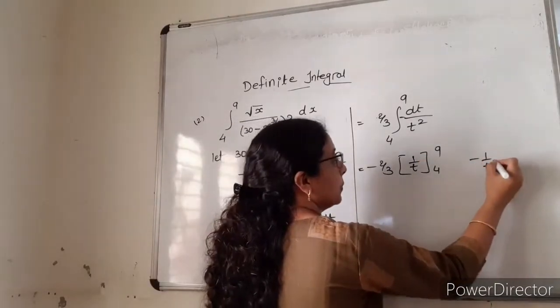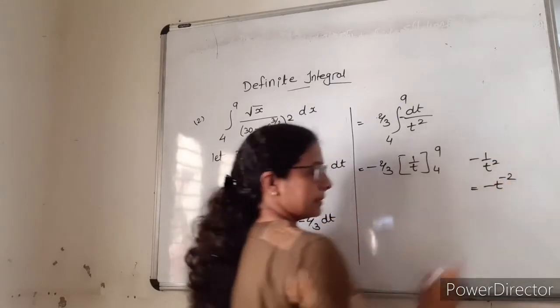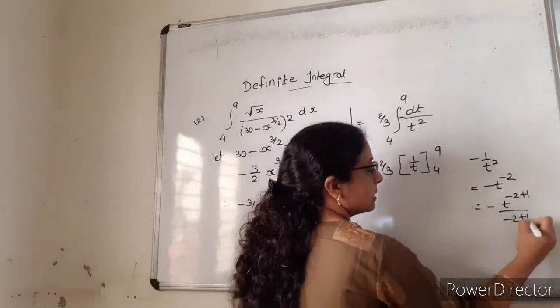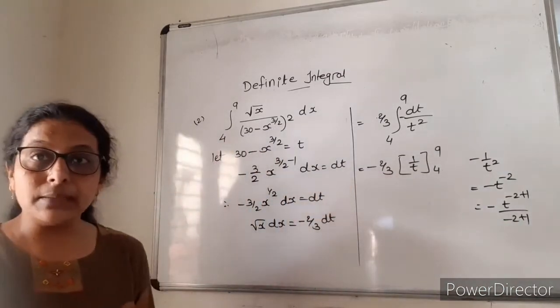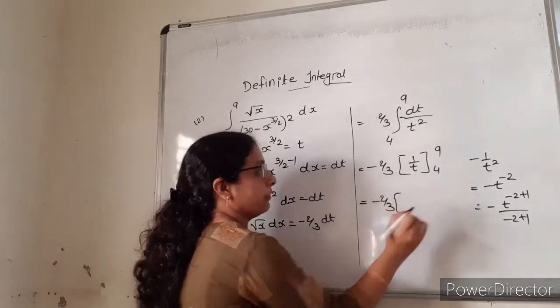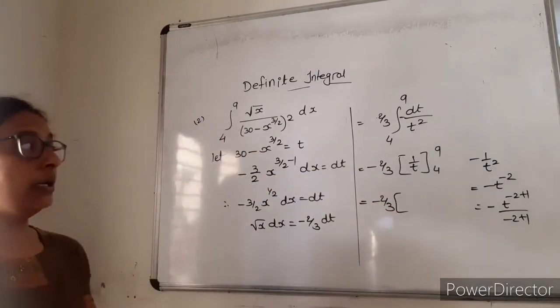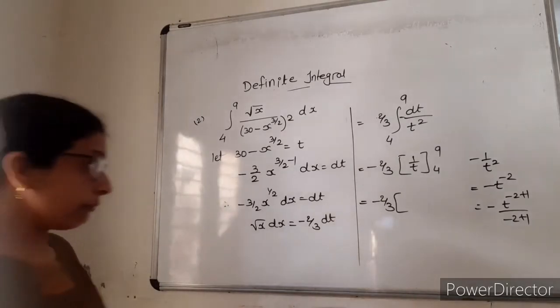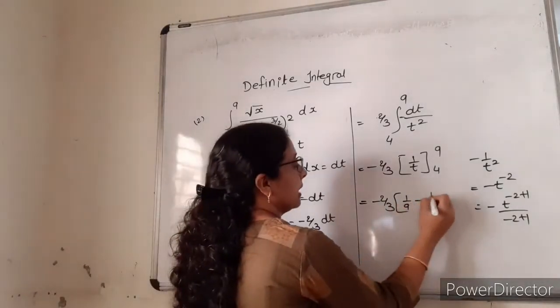Here it is 1 upon t square, so you can say this is t raised to minus 2, minus 2 plus 1, so it is 1 upon t. Yes or no? Yes. So now minus 2 by 3 times 1 upon t. What value of t will we put? 1 upon 9, minus.